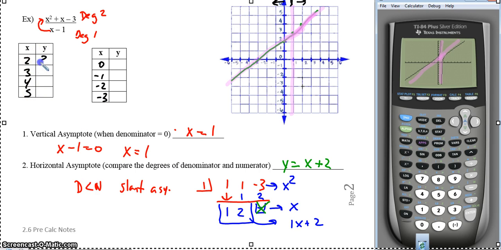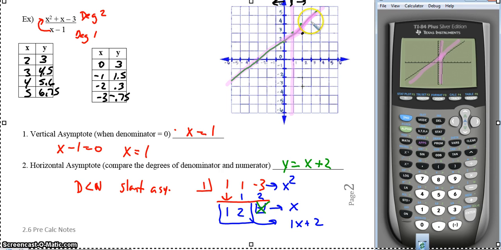So I'd get 3, 4.5, 5.6, 6.75. Over here I'd get 3, 1.5, 1/3, which is 0.3, and negative 0.75.